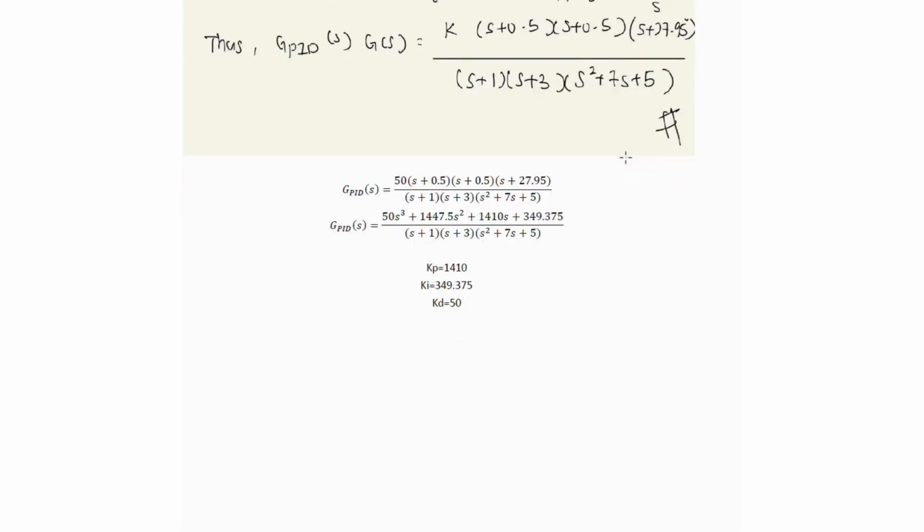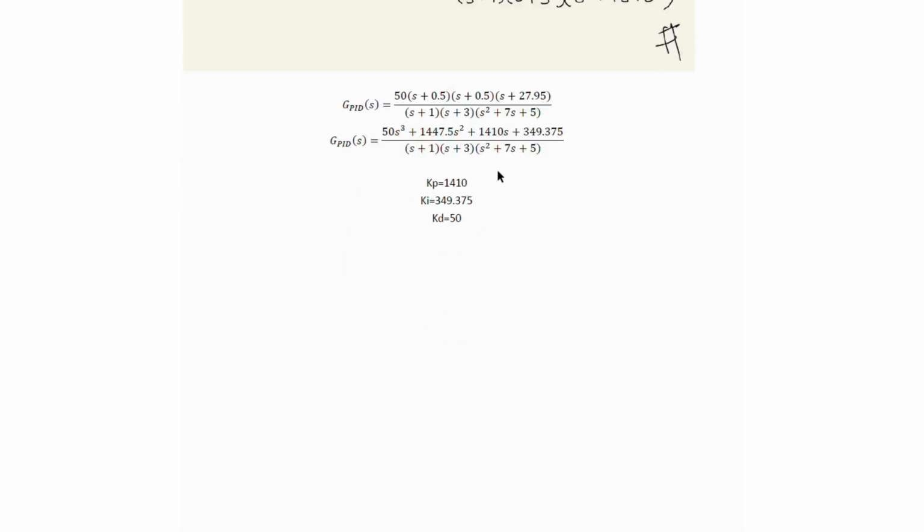And so after calculating, we get the KP equal to 1410, KI equal to 349.375, and the KD equal to 50.